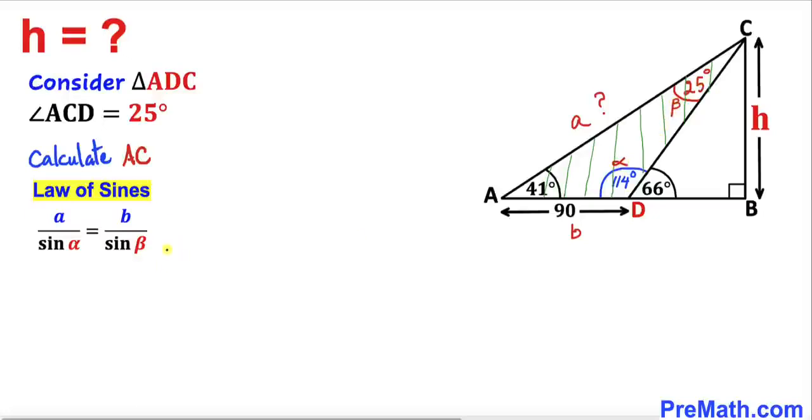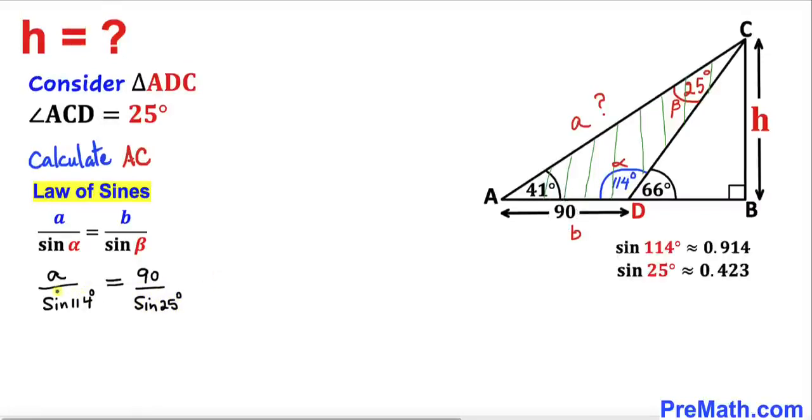And now let's go ahead and fill in the blanks in this formula. We don't know a, so just leave it as a divided by sine of alpha, in our case 114 degrees, equal to b, in our case 90 units, divided by sine of beta, in our case 25 degrees.